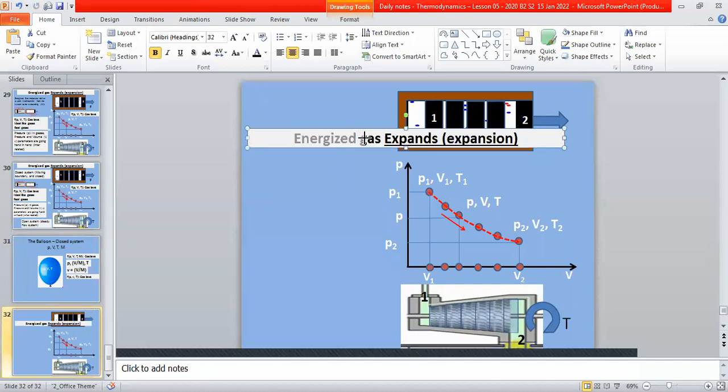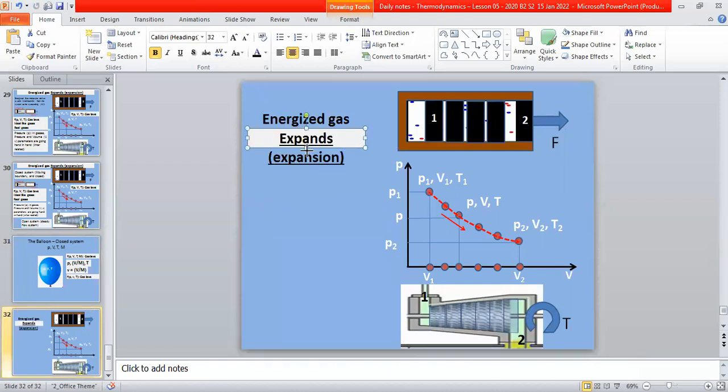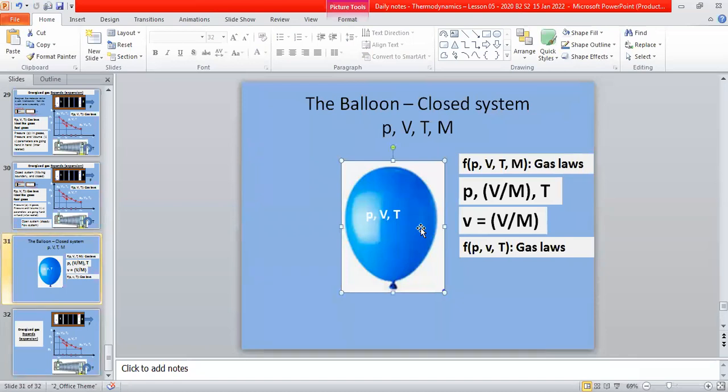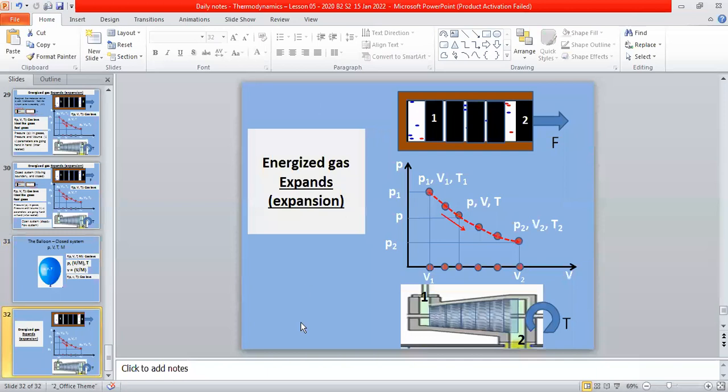Of course, relatively energized gas expands. Even this balloon is energized. In any case, if you open here, this balloon moves as well because this gas is energized. That's all. So very interesting.